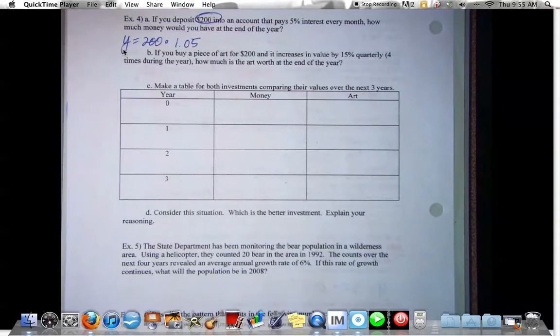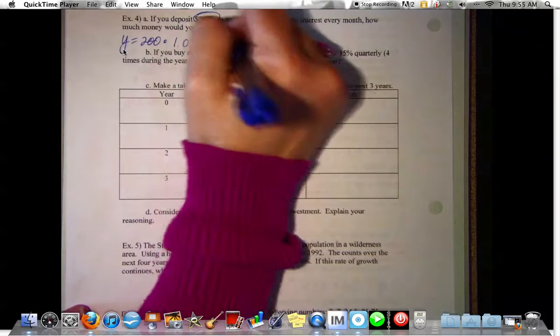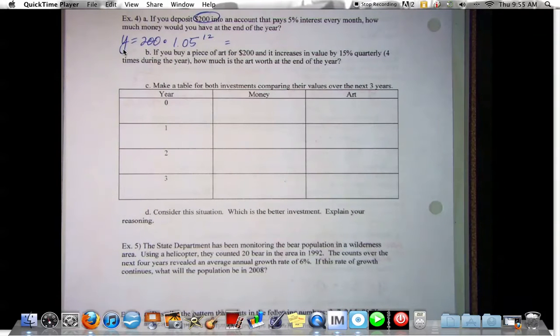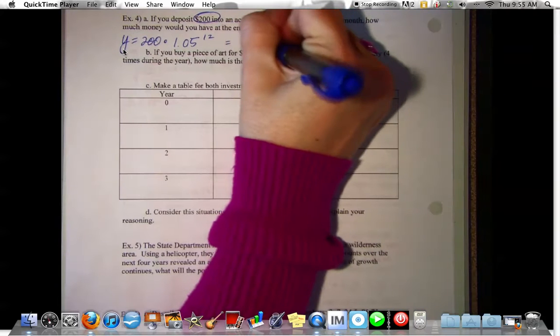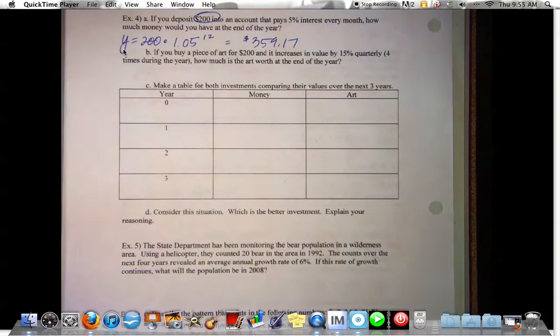And how much money would you have at the end of the year? How many time periods do we have? 12. How do you know? 12 months in a year. So what do we have at the end of the year?